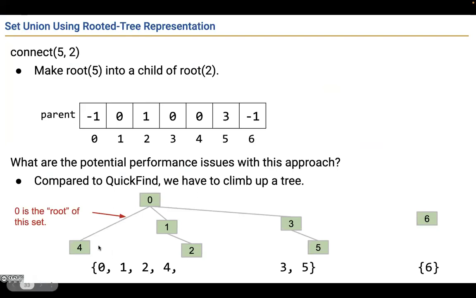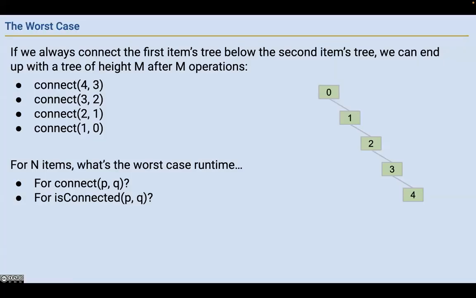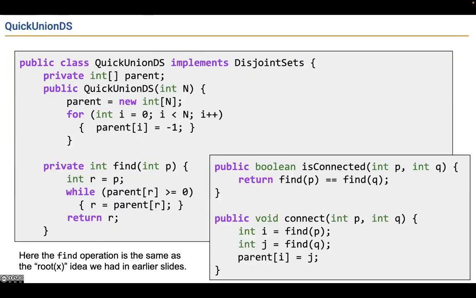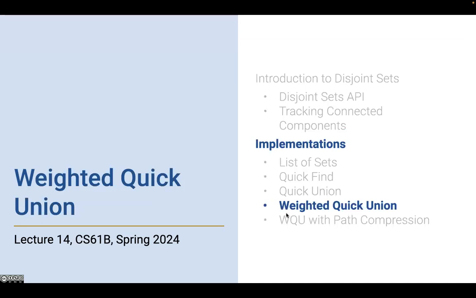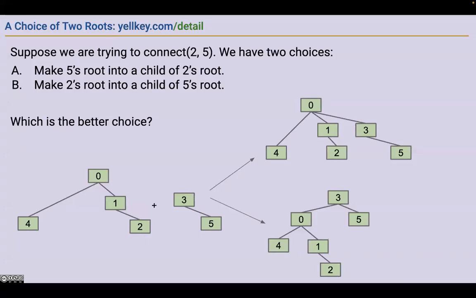Because remember on this slide, the tree was kind of short, and things were great. I like when the tree is like this, because here I didn't have to climb a very tall tree. And climbing tall trees is exhausting. But on here, I had a tall tree. So how do I avoid the tall trees to make this work? So I'm going to call this quick union using this tree idea. Now I'm going to add one more approach called weighted quick union. And this is going to finally give us our state-of-the-art data structure.